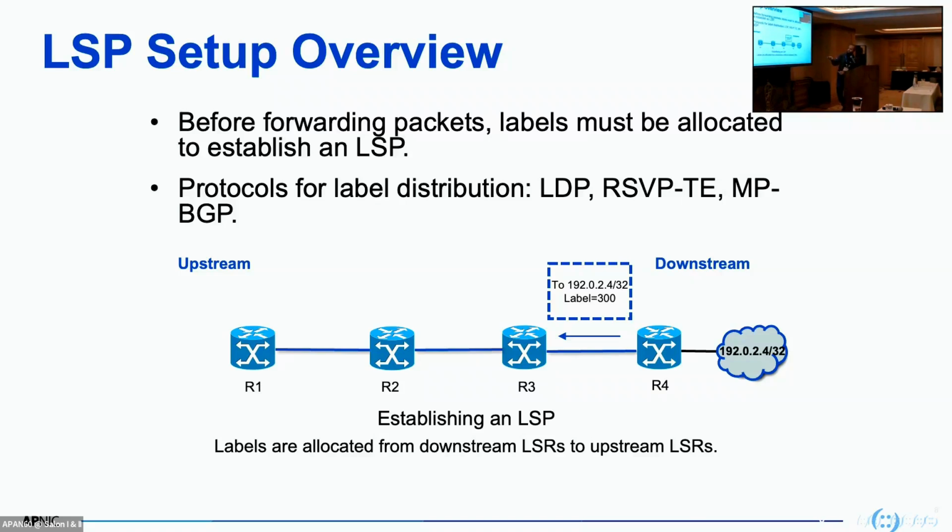When this neighbor advertises the same route to R2, it has the freedom to select its own label and inform it. For example, R3 tells R2, hey, I can take you to this destination, but use label 200 if you want me to pass it to the next router.